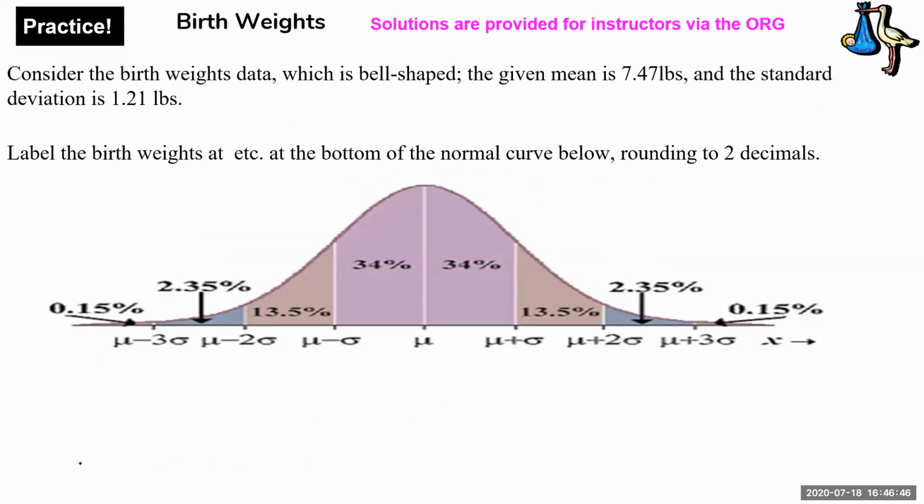Nice. Now let's look at another example. Now consider the birth weight data, which is bell-shaped with a mean of that and standard deviation of that. So are you able to complete this table? Go ahead and fill out, label the birth weights at the bottom of the normal curve below, rounding to 2 places.